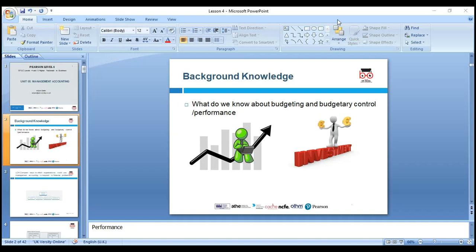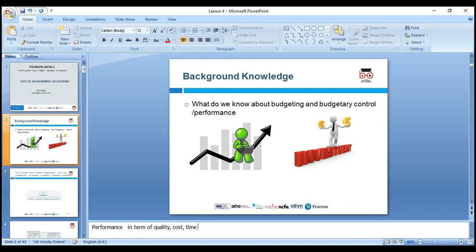So performance. Okay guys, whenever you measure performance, always try to measure in three areas. Any performance you want to measure: in terms of quality, in terms of cost, in terms of time.